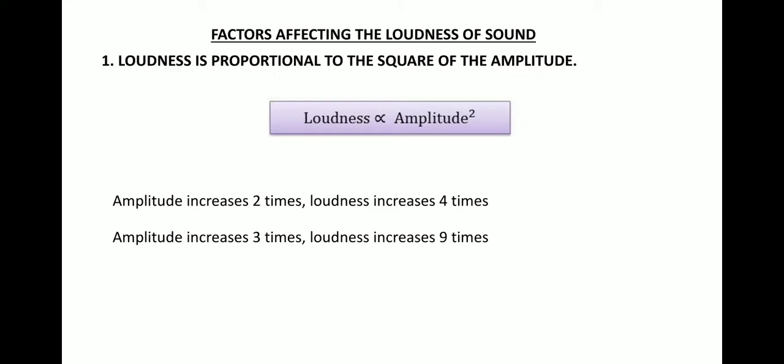Second factor on which the loudness depends is the distance from the source of the sound. Loudness varies inversely as the square of distance from the source. Inversely means if you increase the distance, the loudness will decrease. If one increases, the other one decreases.